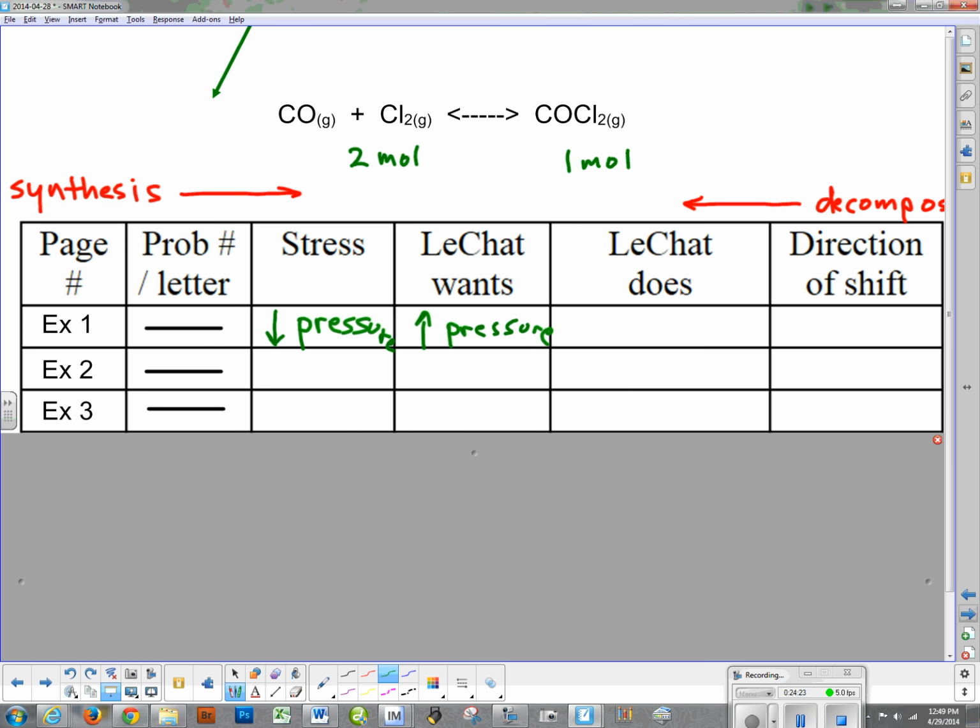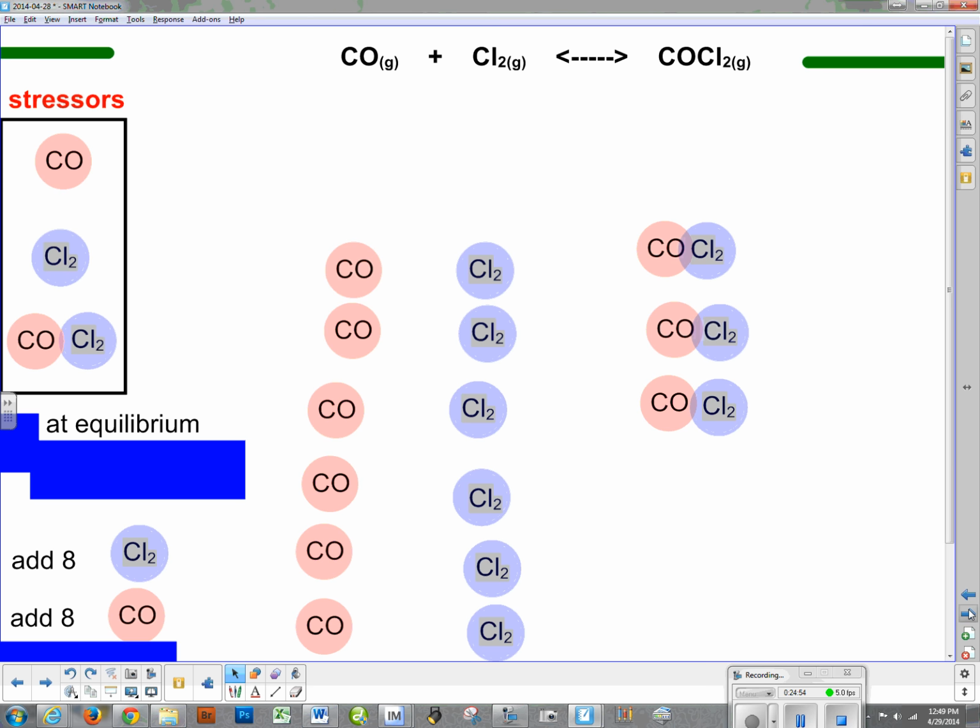So we have to put in here that he's going to make more moles, and the more moles are going to be a way to reduce the stress. It doesn't really matter molecule by molecule. It's which side has more moles. So when we look at it this way, the shift has to be to the left.